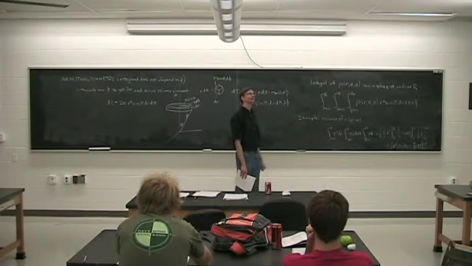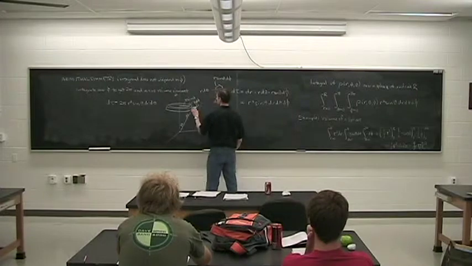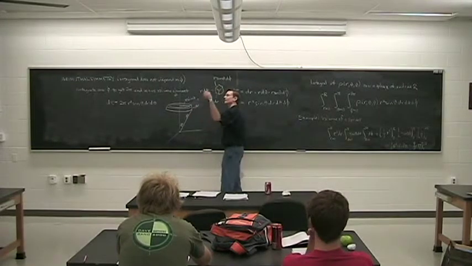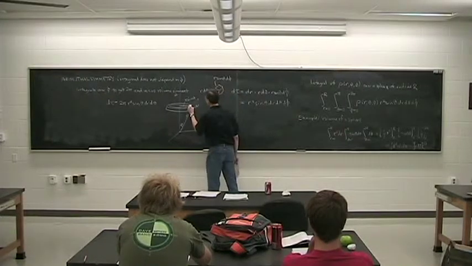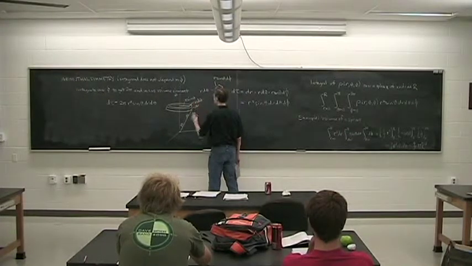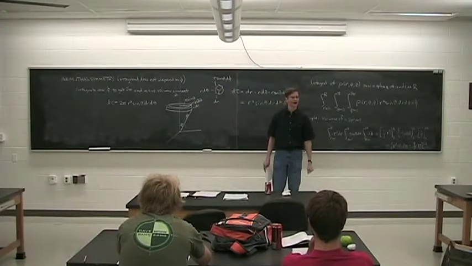Let's see. Oh, I think that is right. Because if that's d theta there, r d theta, yeah, I'm happy again now. My notes are correct, r d theta and dr.